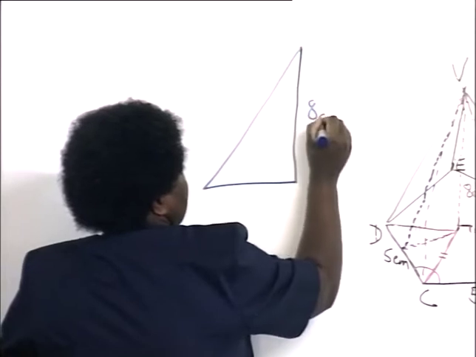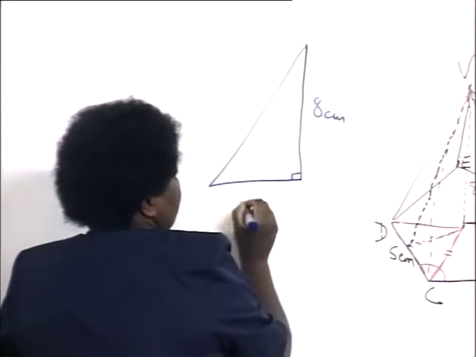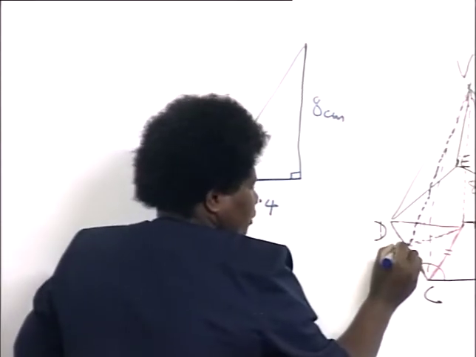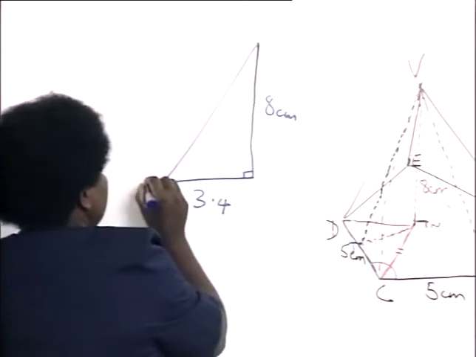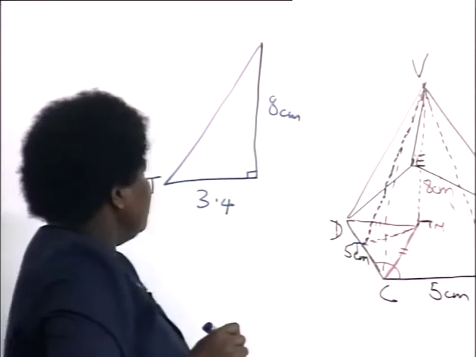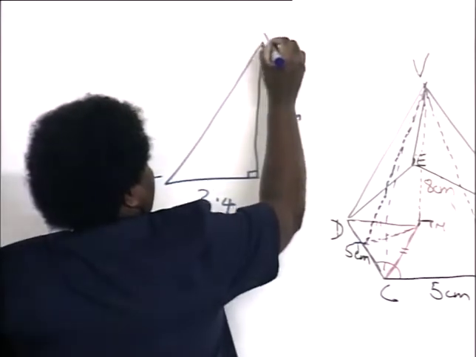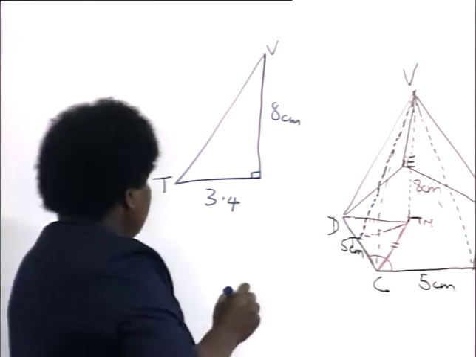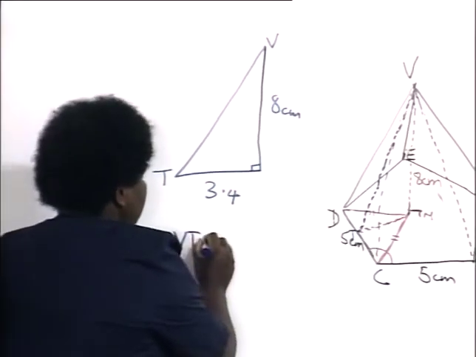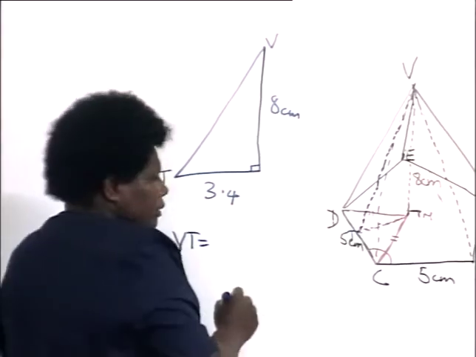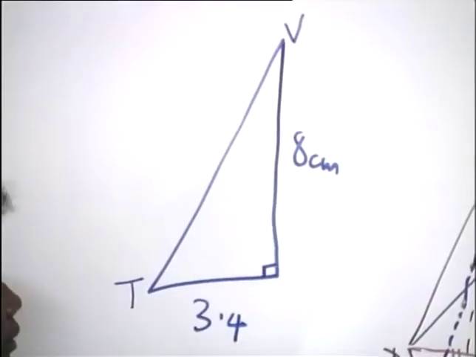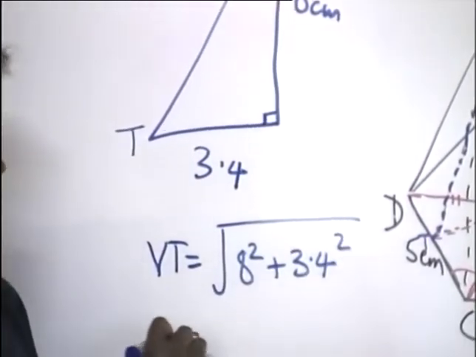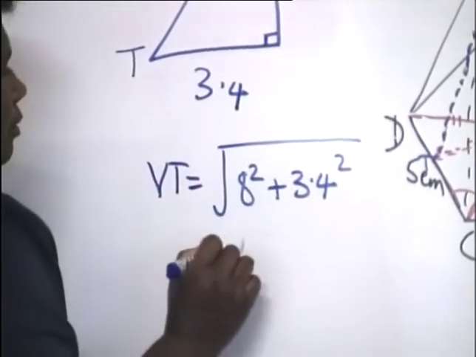Now, if this is now 3.4, I'll have to redraw another triangle. This is 8 centimeters, this is a right angle, and this is now 3.4. I'm going to put T here, so this is VT. We can very easily find it by using Pythagoras' theorem.